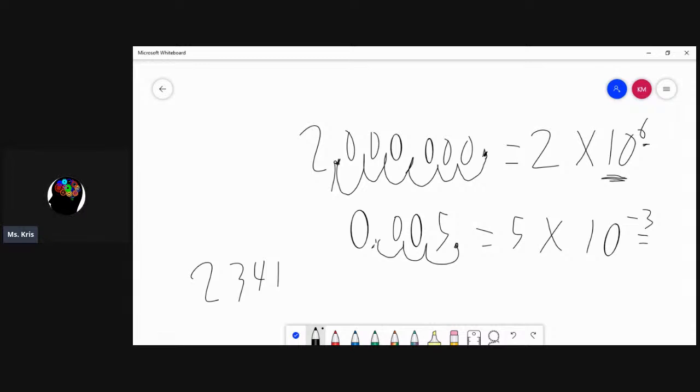To get that into scientific notation, I would start from the 1 and move it 1, 2, 3, place my point, and now my scientific notation is 2.341, and that is times 10 to the 3rd power.